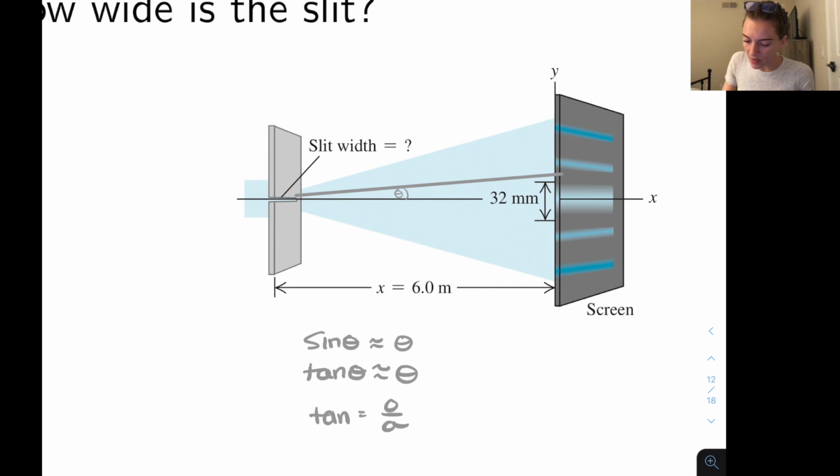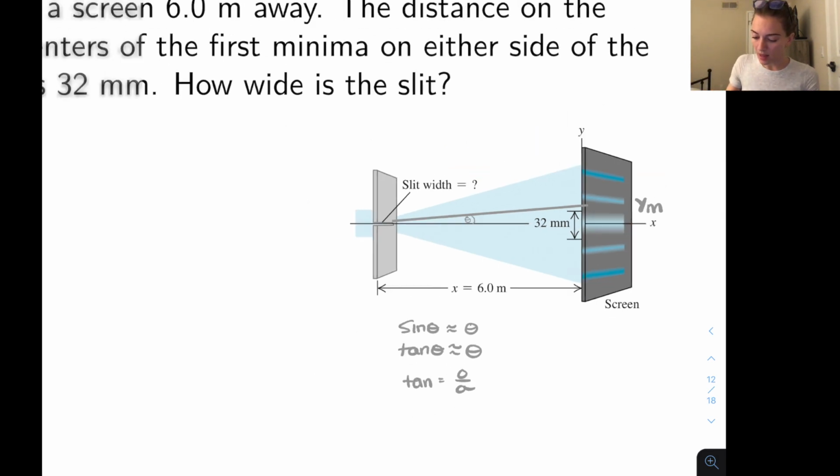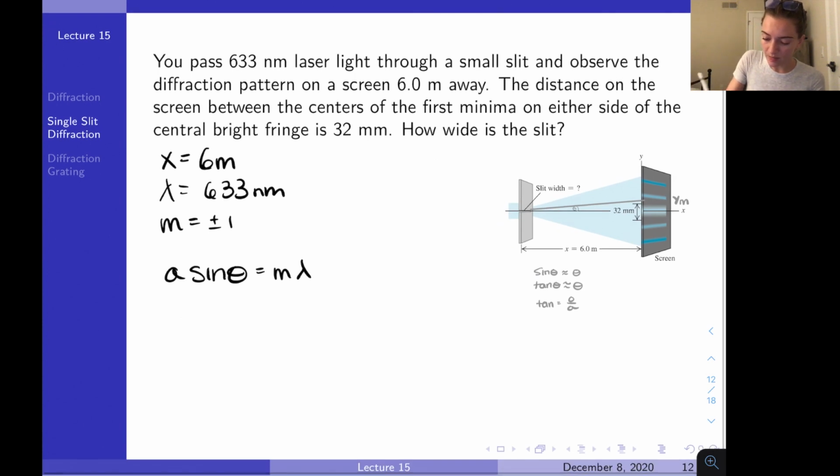So we can see there that the opposite side from theta is the distance just from this midpoint here to the dark fringe. And then the adjacent side is just this distance, x. So we are going to call this ym. That's the distance from this center point here to the center of our dark fringe. We're going to call ym. So we can actually just replace this with ym over x. So it's just the opposite side over the adjacent side.